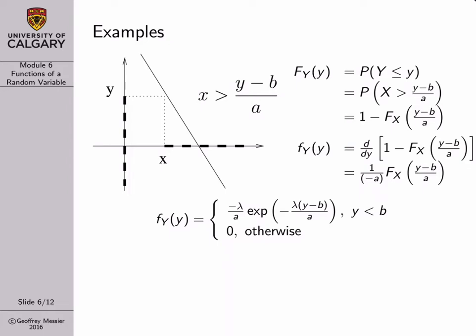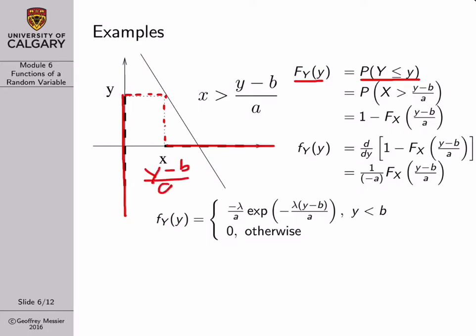On this second page, this is the second part of the example where a is a negative number, so we have a negative slope on our line. We start out exactly the same way we did before. The CDF of y is equal to the probability that the random variable y is less than or equal to lowercase y, which corresponds to exactly the same region on the y-axis. However, when we translate this region over to the x-axis, it corresponds to this positive-going region here, starting at lowercase x, which again is equal to y minus b over a.